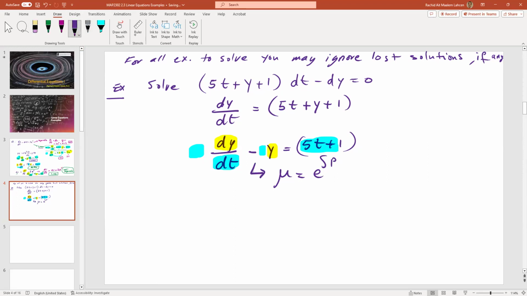And here, since t is the independent variable, it's going to be dt. Right, so whichever independent variable you have. So p is, of course, what's in here, which is negative 1, dt equal to, this is just going to be negative t, right? Then you're going to multiply this equation that is in standard form.